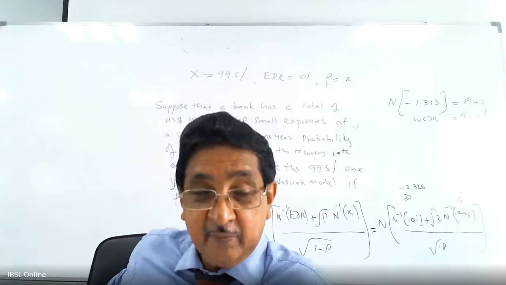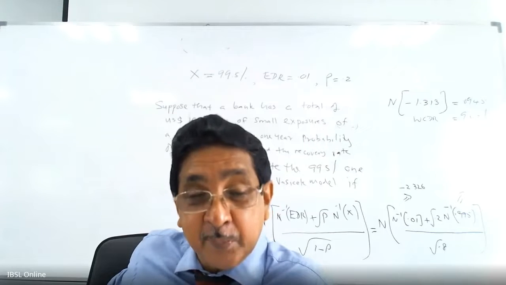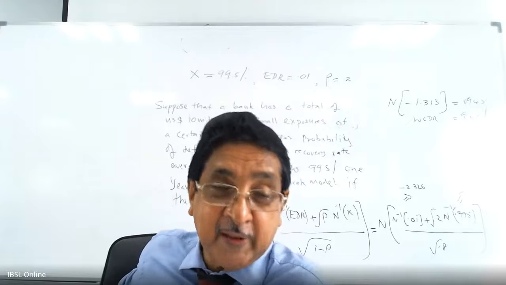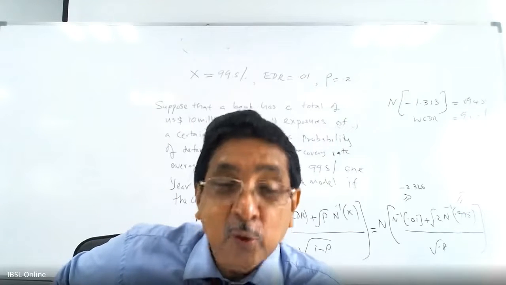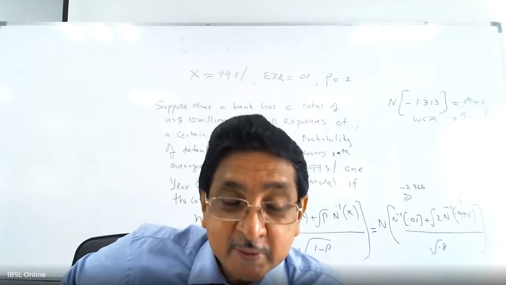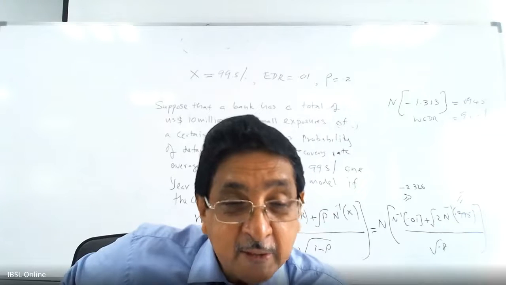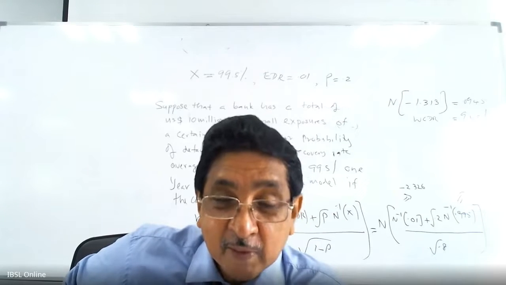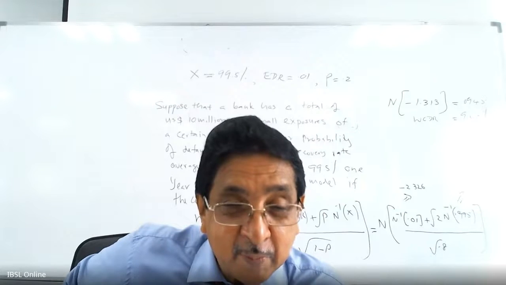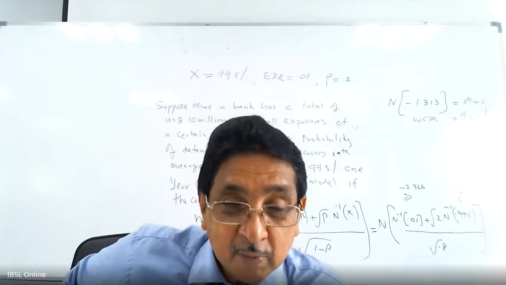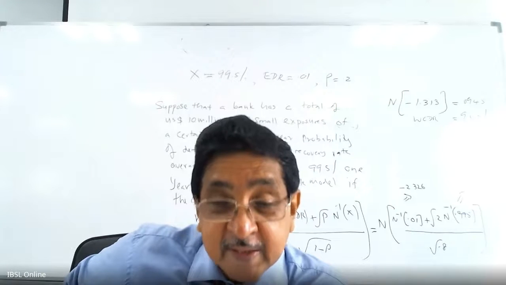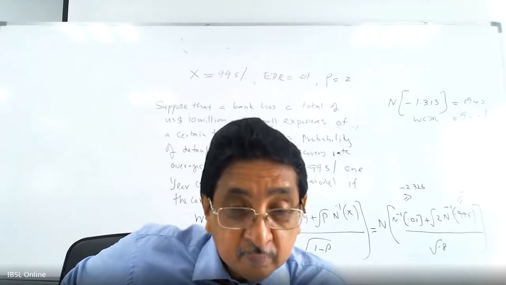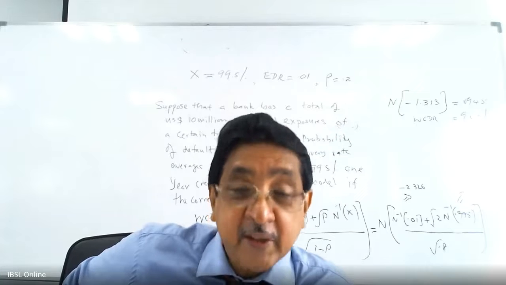Or the other way, if you take it as 99% rather than 99.5, there you will see a lower figure for the loss amount. Even if you put it for 90, then the figures would be very much lower. But if you want to have a higher stress level, you need to go for higher confidence levels.